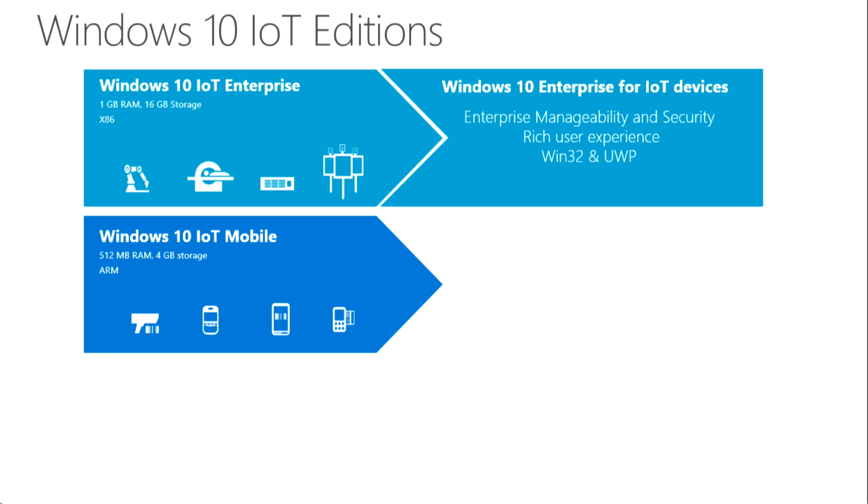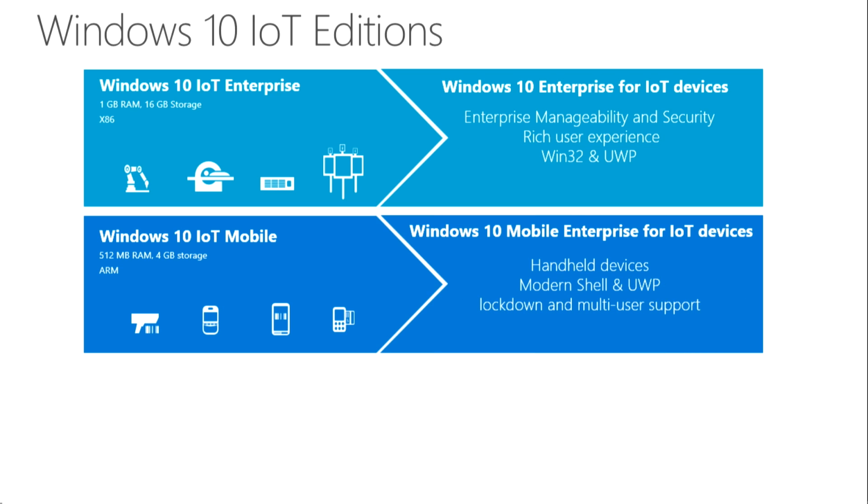So that's where Windows 10 IoT Mobile sits. And it has a shell, so you can switch out applications and things like that. It's locked down, and it will run Universal Windows Platform applications only. So the first one will run Win32, and is probably there for a lot of legacy stuff.